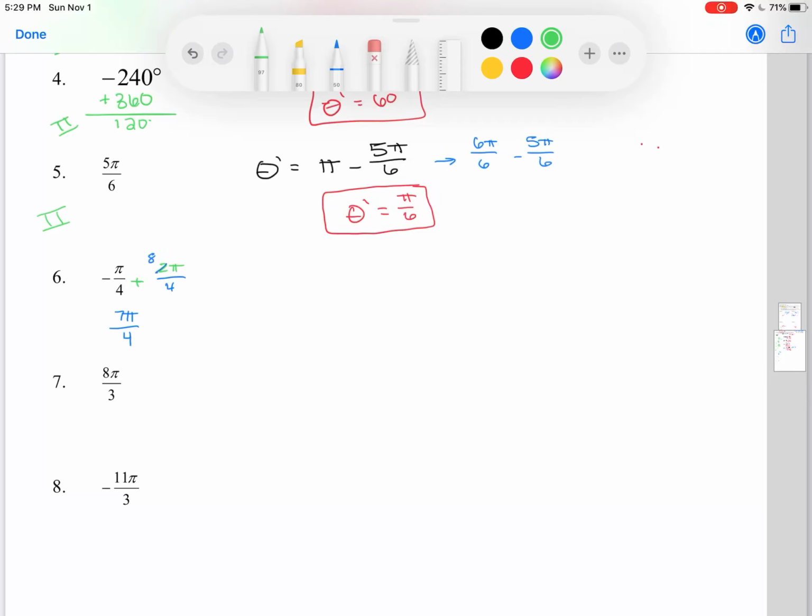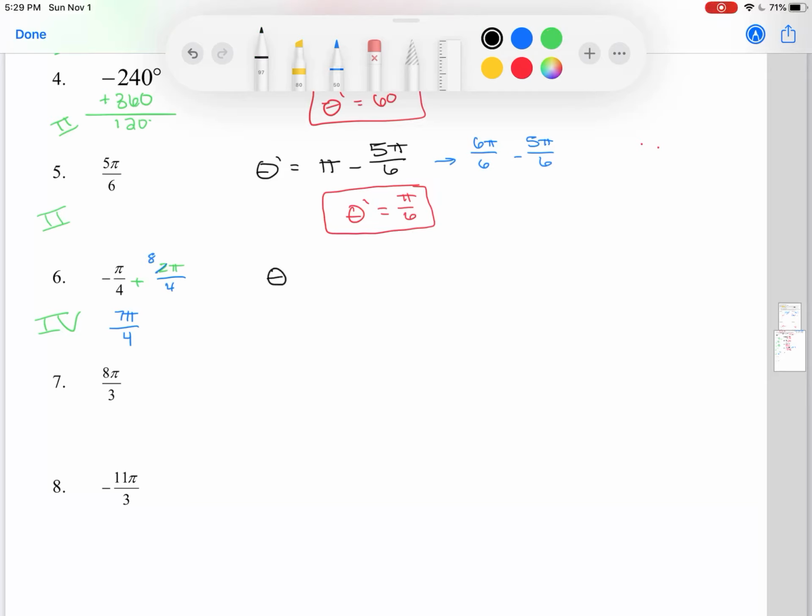So the real angle that I'm talking about is 7 pi over 4. All right, and if you think about that, 7 pi over 4, well, if I added another pi over 4, that would get me to 8 pi over 4, which is 2 pi. 2 pi is close to the fourth quadrant, so if I'm just shy of that, then I know that 7 pi over 4 is going to end up in the fourth quadrant.